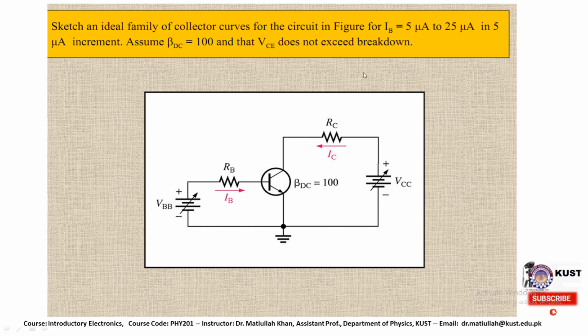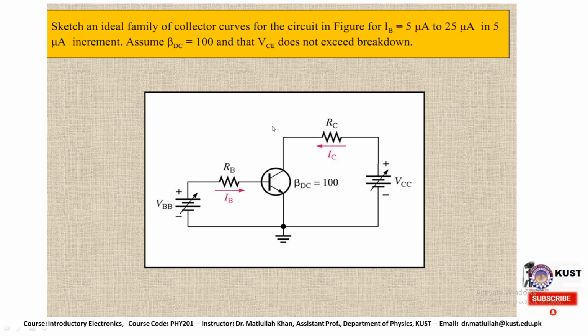The base current is given to us, from 5 microampere to 25 microampere, with an increment of 5. So we need to draw the curves for base current values of 5, 10, 15, 20, and finally 25 microamperes, and sketch the collector curves for that.